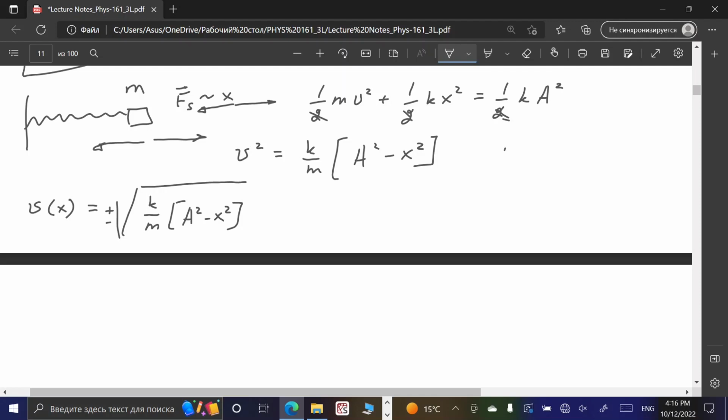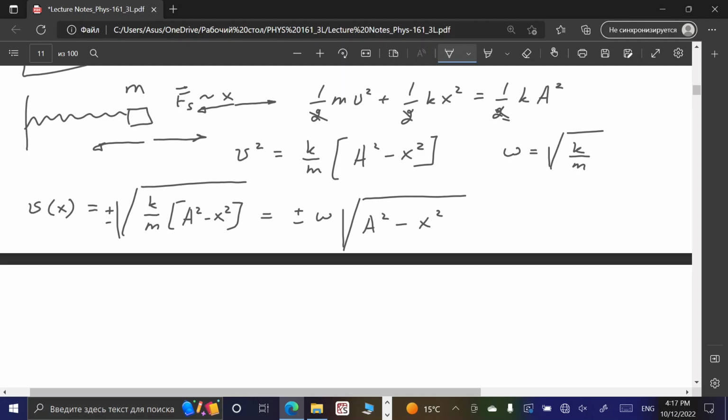And also, if we recall that omega is equal to square root of k over m, we can write that this will be equal to plus minus omega, angular frequency of the oscillator, times square root of a squared minus x squared. So that's a simple expression which we can obtain thanks to the fact of constant mechanical energy of such simple harmonic oscillator in order to get unknown velocity at any position of the block along axis x.